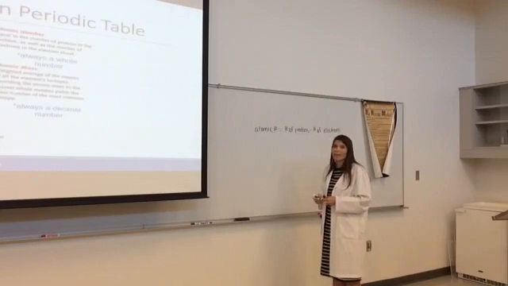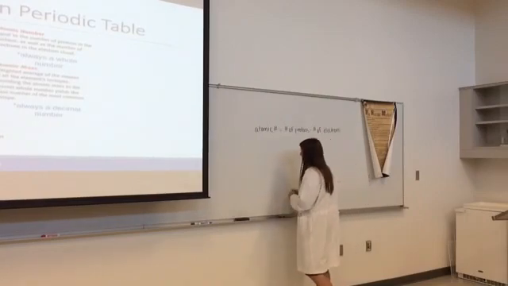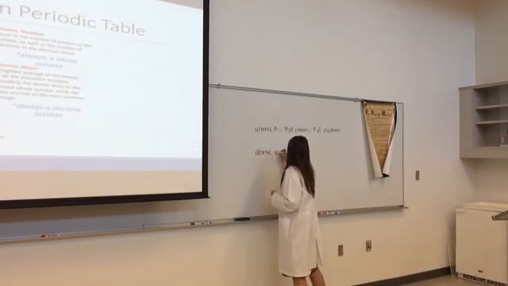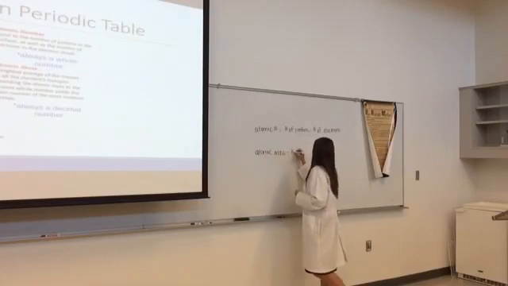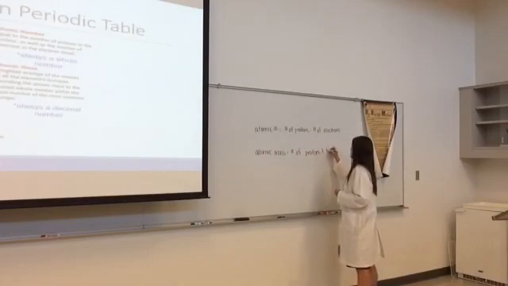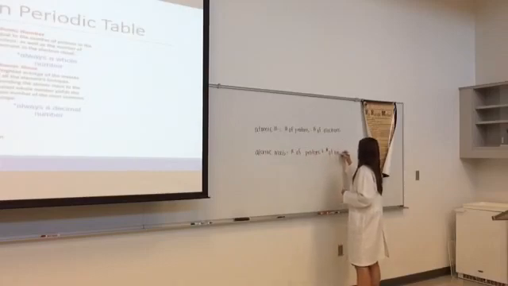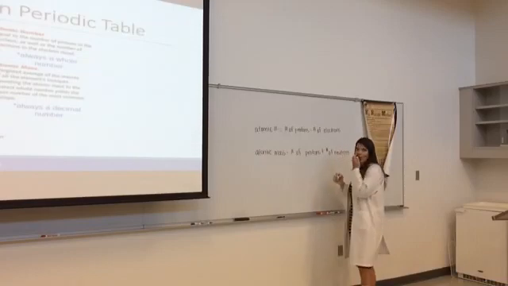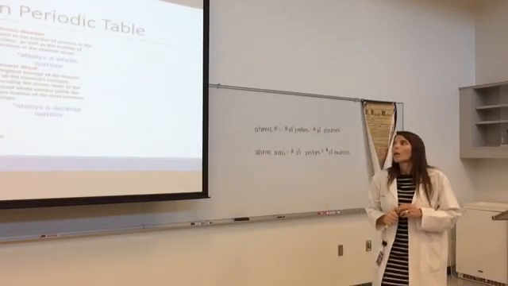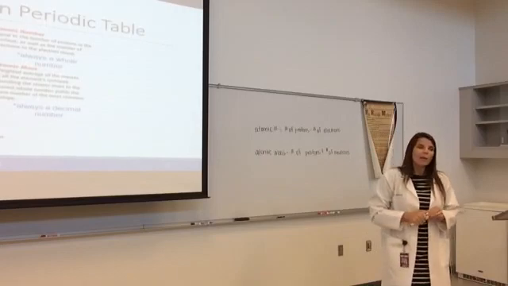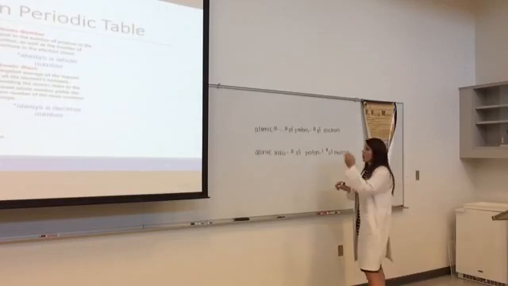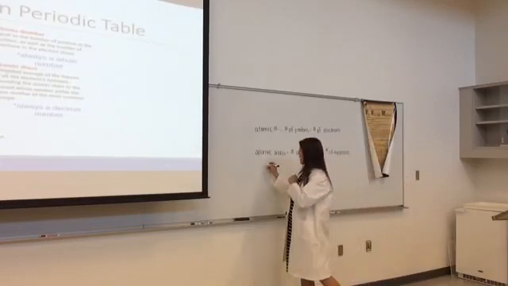The atomic mass is equal to the number of protons plus the number of neutrons. And you always round the atomic mass when you go to calculating. And you're going to have an assignment, not next week, but the week after that, that has to do with that. So in this case, my atomic mass is 12.